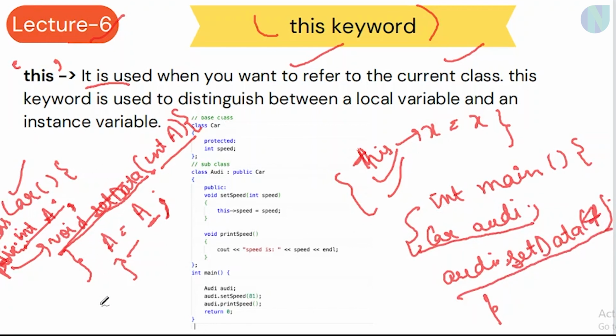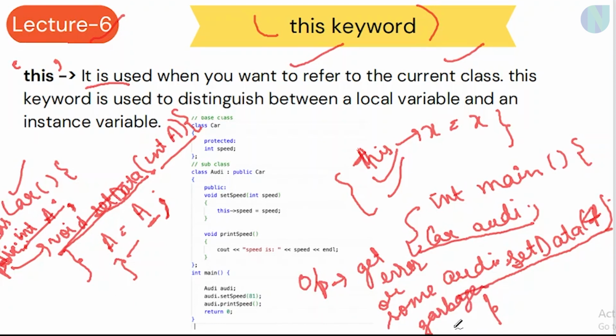In this case, in the output we either get an error or sometimes some garbage value is set in a. So we can receive either this or this in the output.